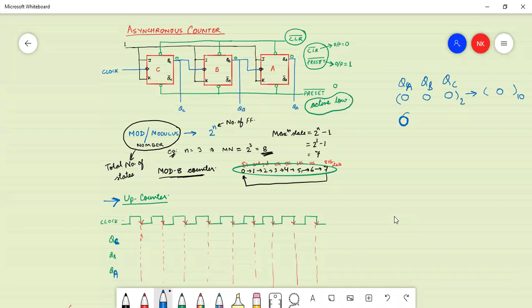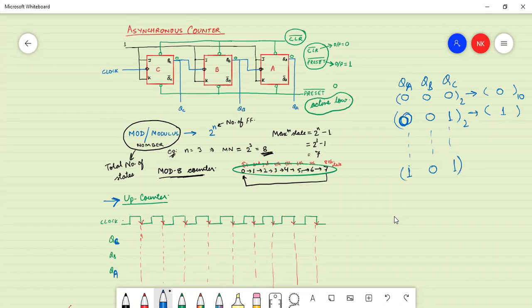Now if it is 0 0 1 in binary, what will be the decimal value? 1. It should be 1. In the same way, we can get the output of QA as 1, output of QB as 0, and output of QC as 1.